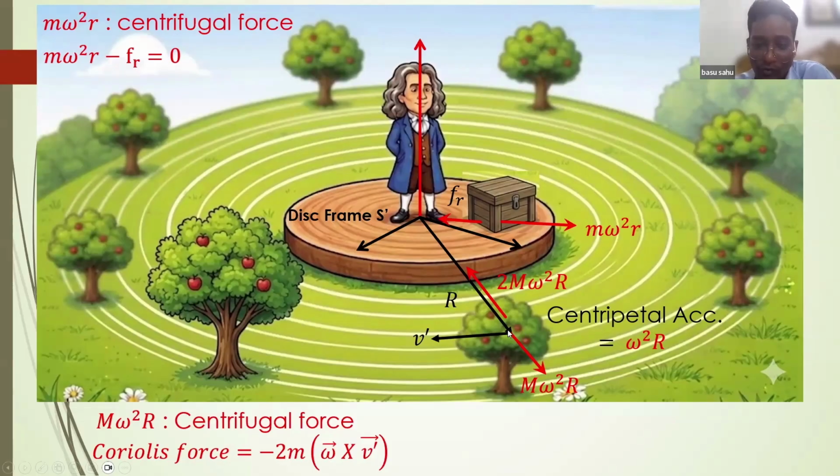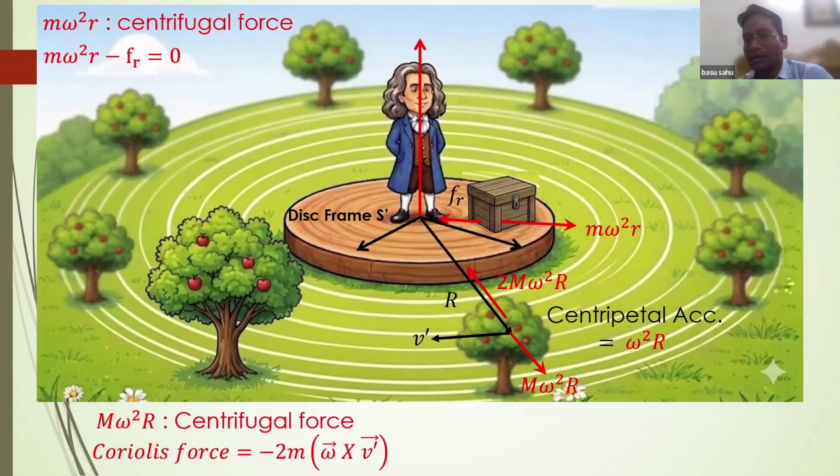Now we have two forces. The first force is m omega square r, and the second force is 2m omega square r. The resultant force will be m omega square r, and that will basically create a centripetal force.